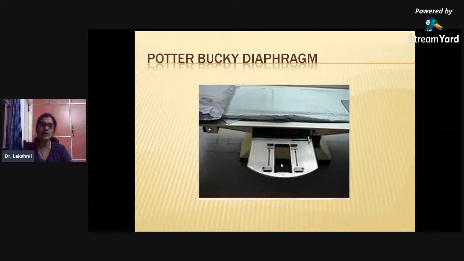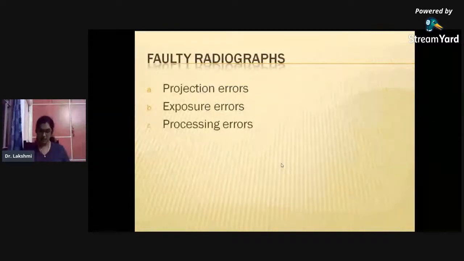Okay, so coming to faulty radiographs. So, what are faulty radiographs? Now we have learned what is an X-ray film, what are the methods by which it is producing an image, and we have a patient, and the area of interest is suppose the maxillary anteriors.